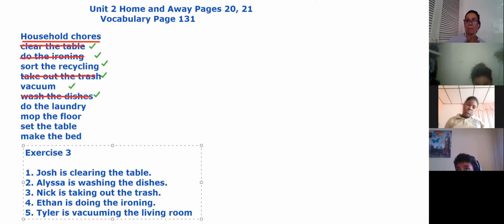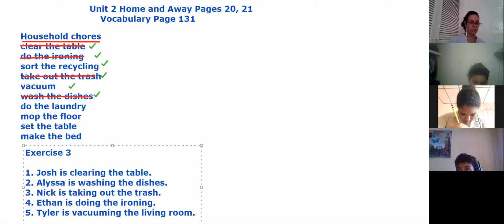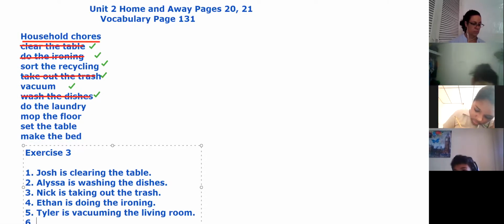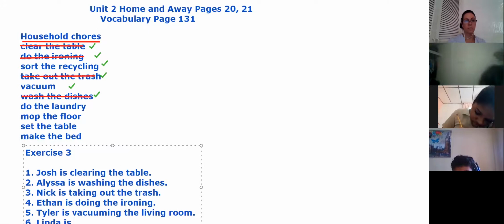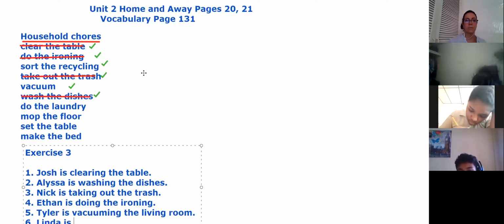A place, what part of the rooms? Because before Nick was vacuuming his room. So we could say that Tyler is vacuuming the living room. So we have this one left out.